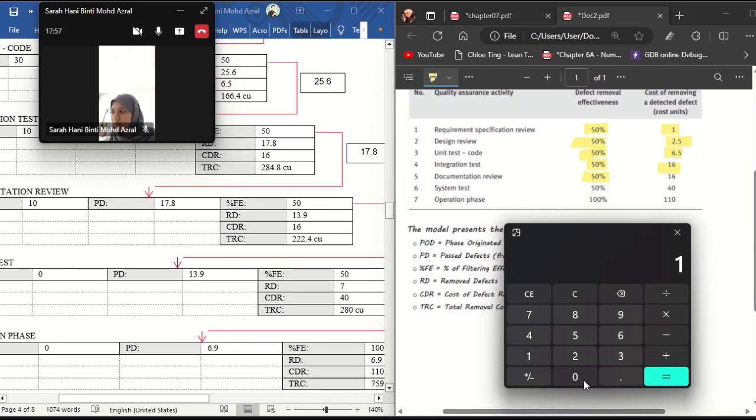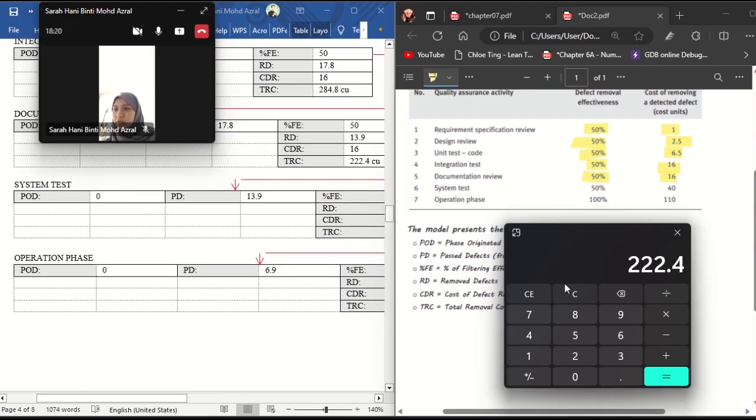So plus with 10, you get 27.8 divided by 2. We have 13.9, and the CDR given is 16. Therefore, you have to multiply it. You'll get 222.4 for the TRC.